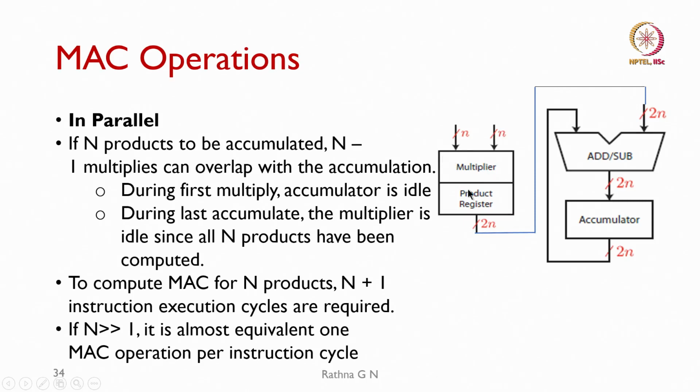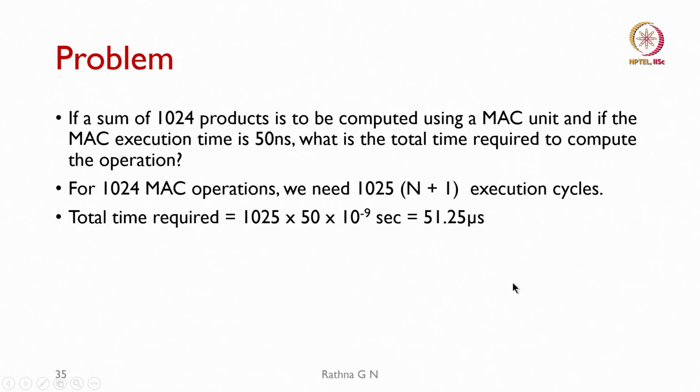I will be doing the multiplication, and the product register will hold the 2 n bits, which are fed as input to our adder, along with whatever the accumulator is storing, which is fed back. So, this is added in the accumulator, and then the output comes out of it. Finally, we round from 2 n to n bits when we are storing back in the memory.